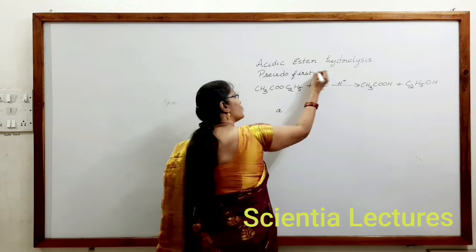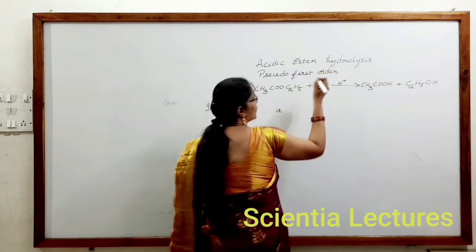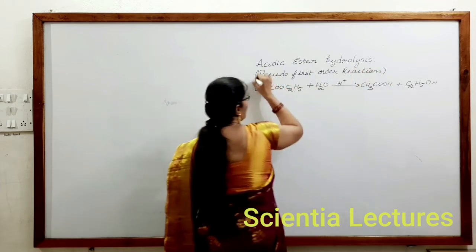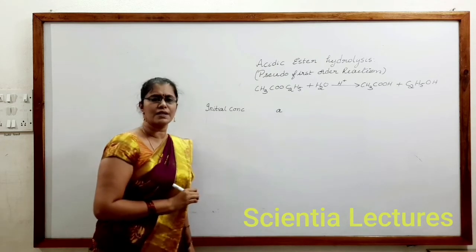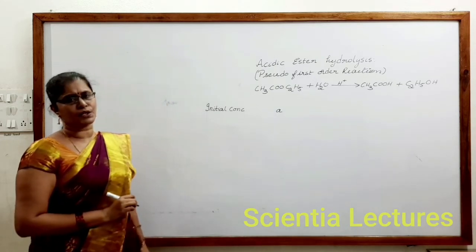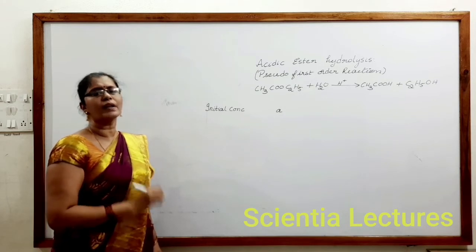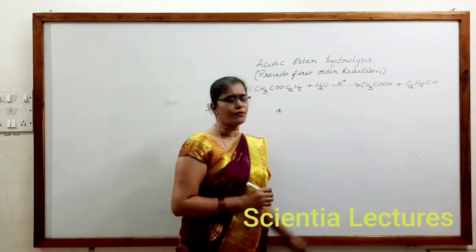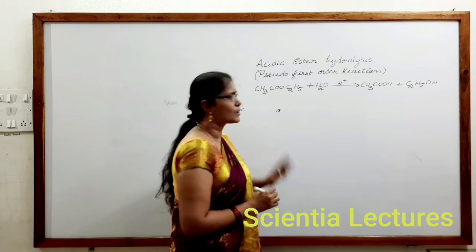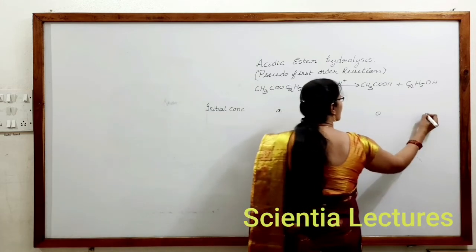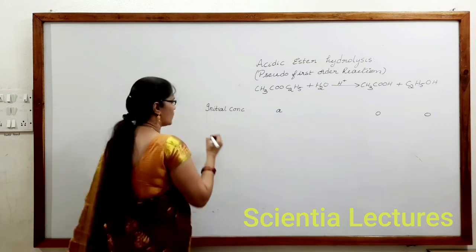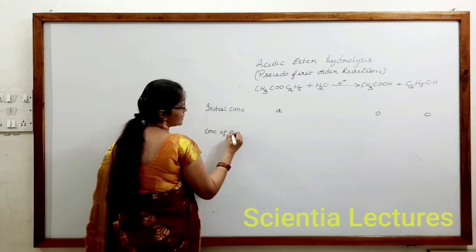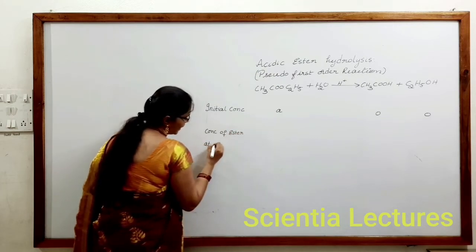The reactions in which more than one reactant molecule is present, but only the change in concentration of one reactant molecule influences the rate of reaction, are termed pseudo first order reactions. So the change in concentration of H2O does not influence the rate of reaction, and we are not going to put the concentration of H2O here. So initially the acid amount is 0 and the alcohol amount is 0. Now, the concentration of ester at an instant T.